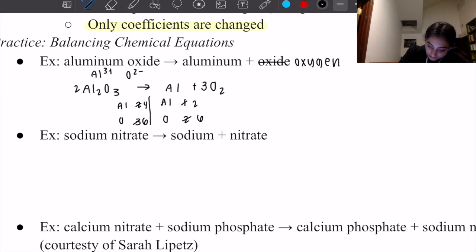But we can change that by changing this coefficient to 4. So again, because I can't multiply an even number by a whole number to get an odd number, I had to use the common multiple. So I'm going to rewrite the equation just so it's nice and clean. We have 2 Al2O3 yields 4 Al plus 3 O2.